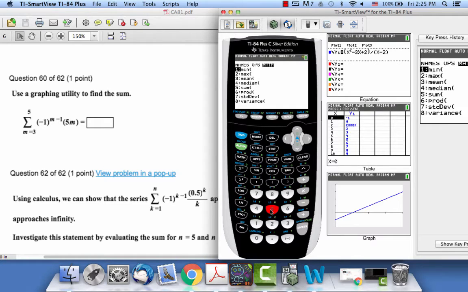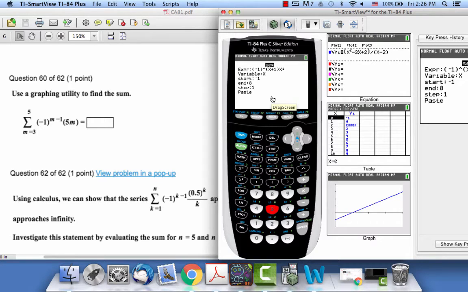It's number 5. So I want a sum. And then go back to list, ops, and go to sequence. Now mine pulls it like this.